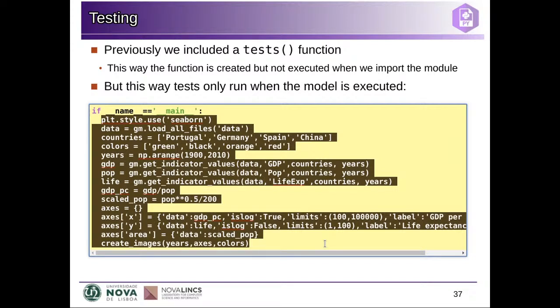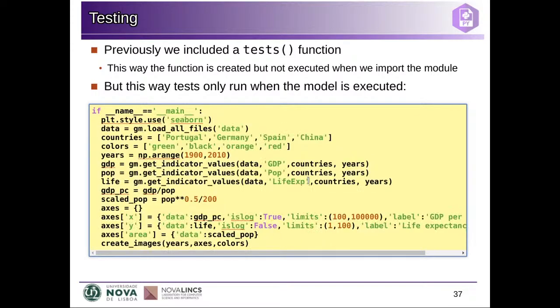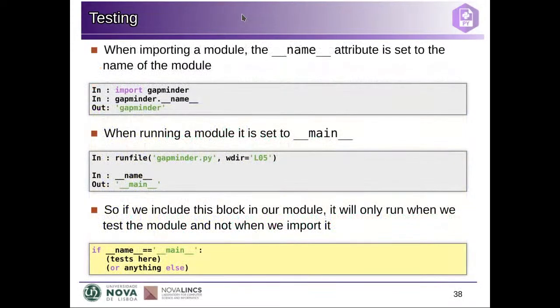If you are importing this file into some other module, then this code will not be executed. So this is very useful to get some quick tests on your modules inside the module that are not run when you import into some other module.